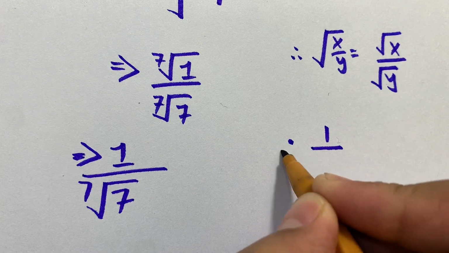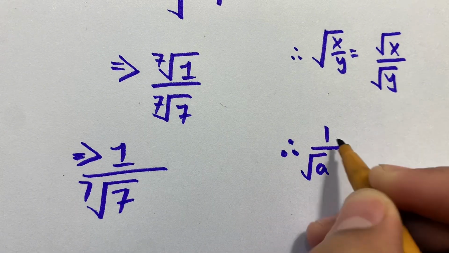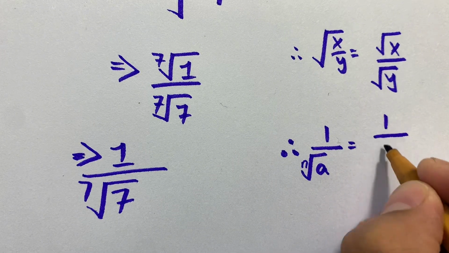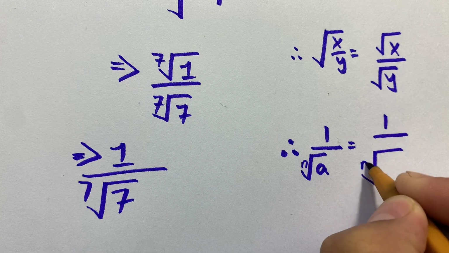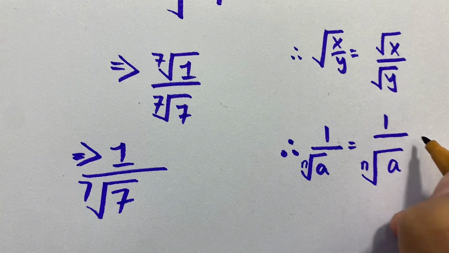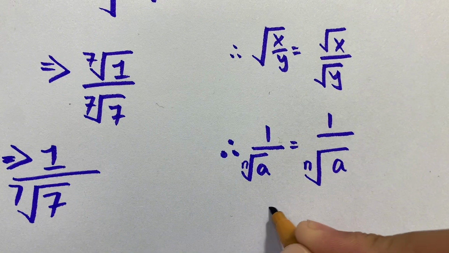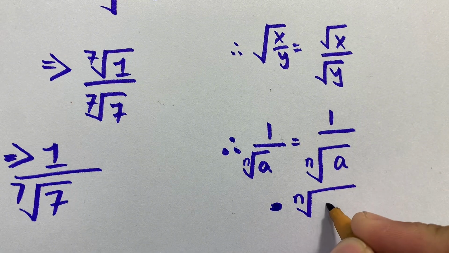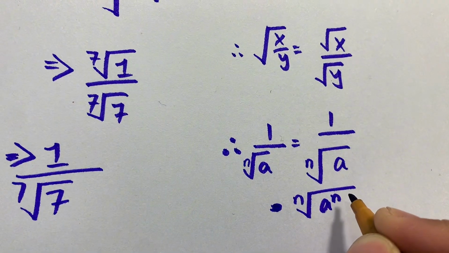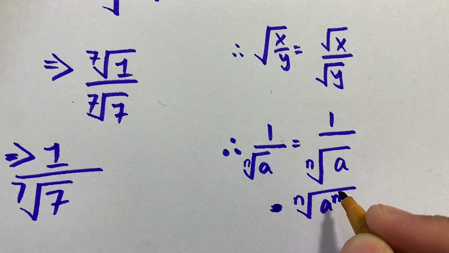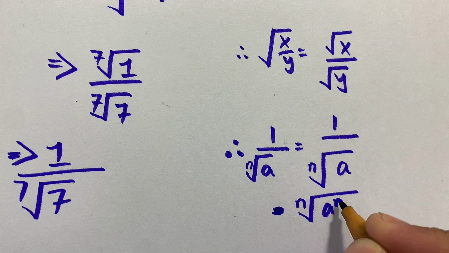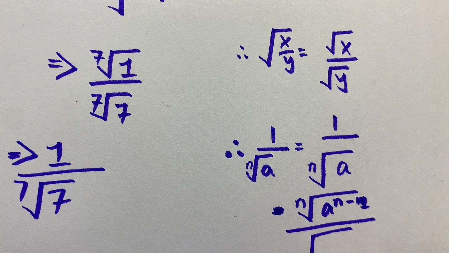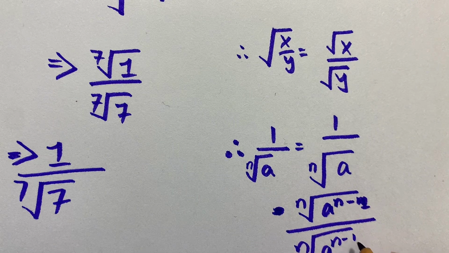1 divided by root a, n is equal to a divided by 1 divided by root n into a into n minus 1.